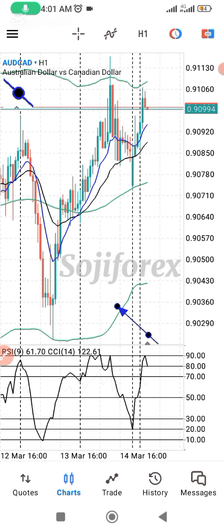Number three is the middle Bollinger Band. Then number four, high probability trade around the zone of the moving averages.